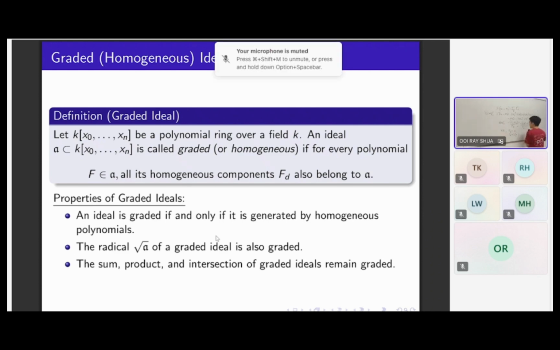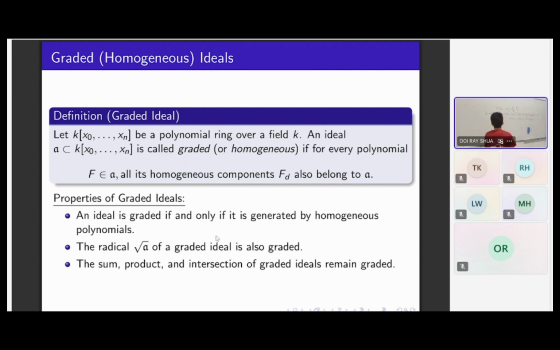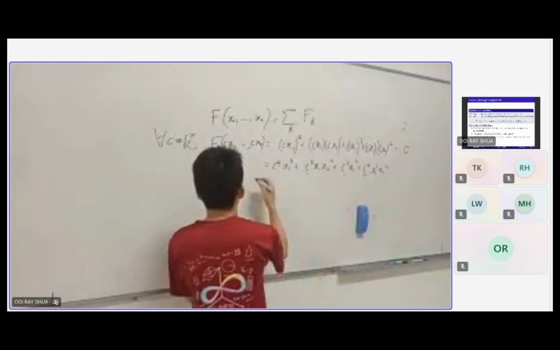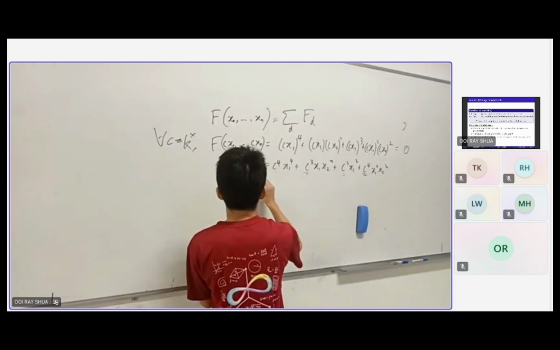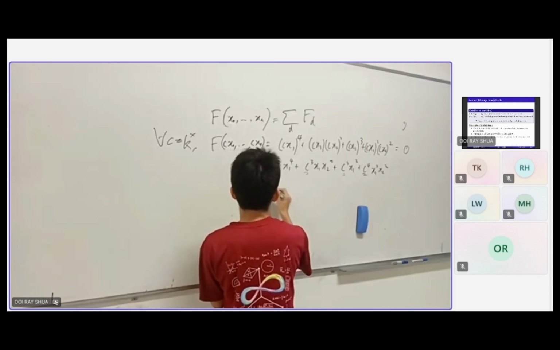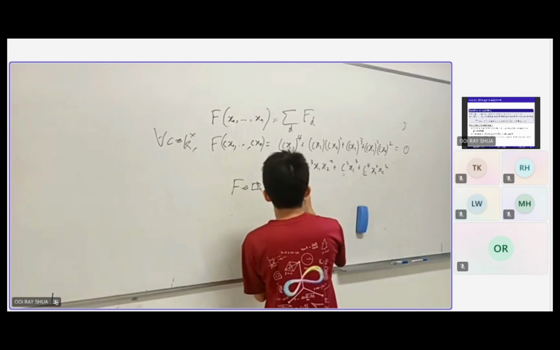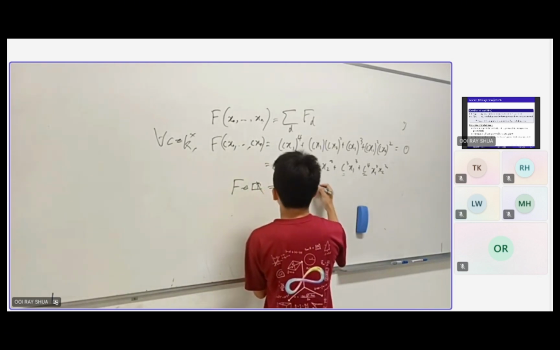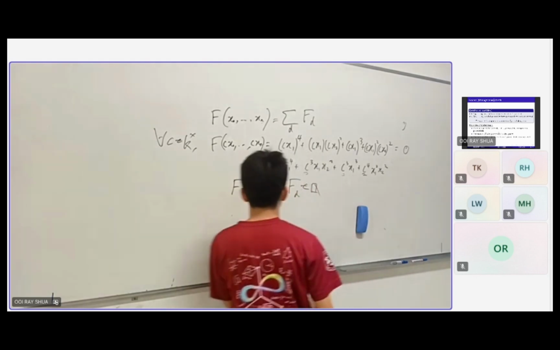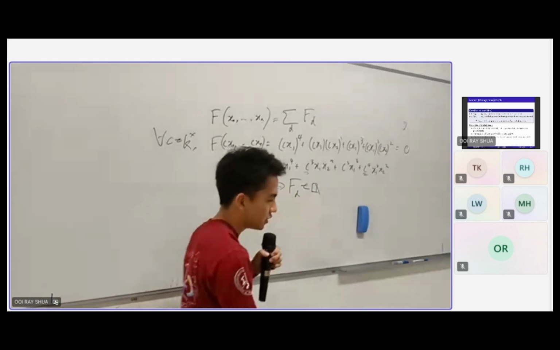This ideal basically satisfies the property that I just said. If f is inside the ideal A, then f_d, the homogeneous component, is also inside that ideal. If that's the case, A is said to be a graded ideal.